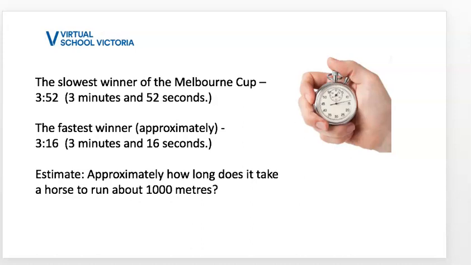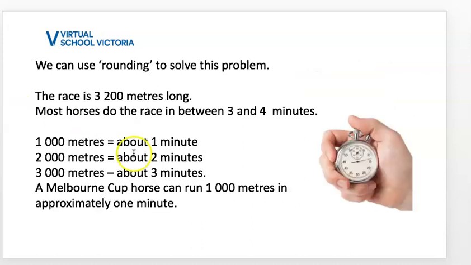A little bit more of a challenge. Approximately how long will it take a horse in the Melbourne Cup to run 1,000 metres? So what you need to do is know it takes about 3 to 4 minutes to run the whole race, and then we break it down into its parts.